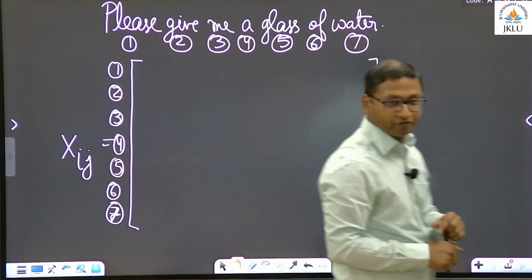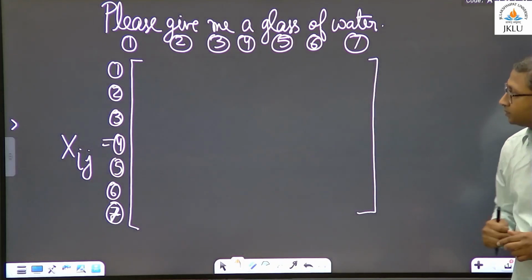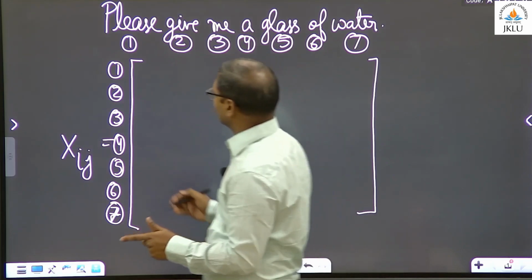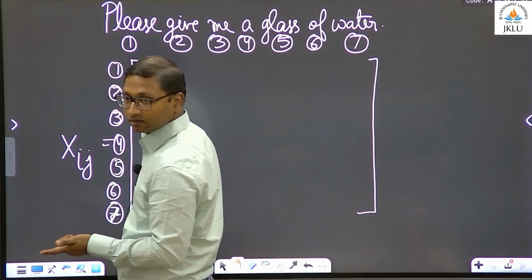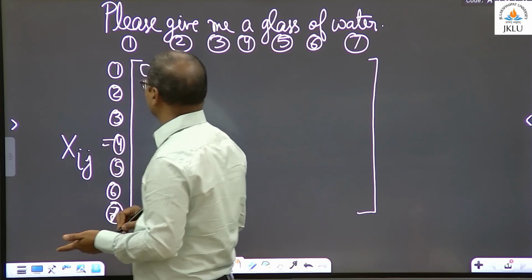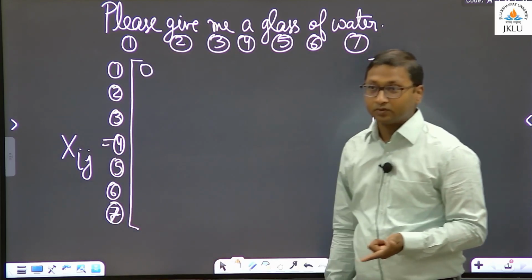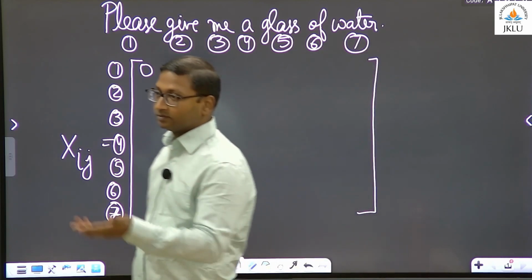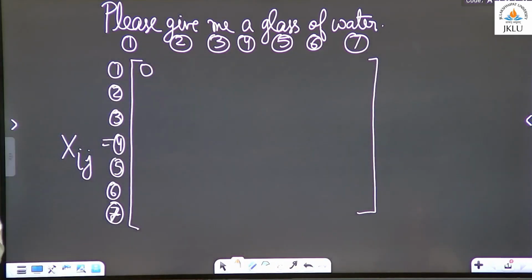And now how will I fill in these words? Please in the context of please. Okay, what should I write here? 0. Can I make this diagonal 0? No? So give me a word that appears in its own context. There will be such words, right? But we just ignore them.